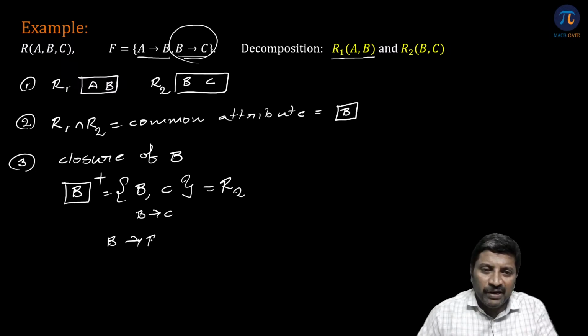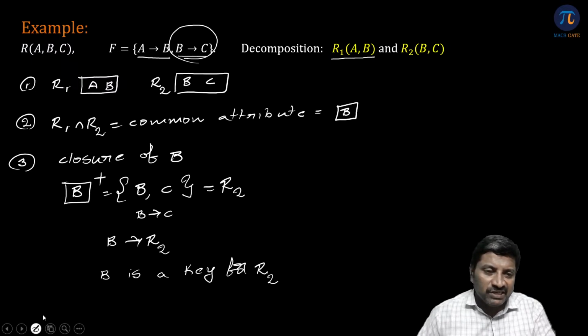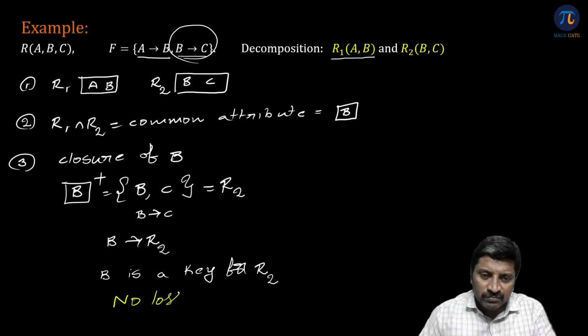B will imply R2. Or you can say B is a key for R2. So since it is a key, there is no loss. Or you can say lossless.